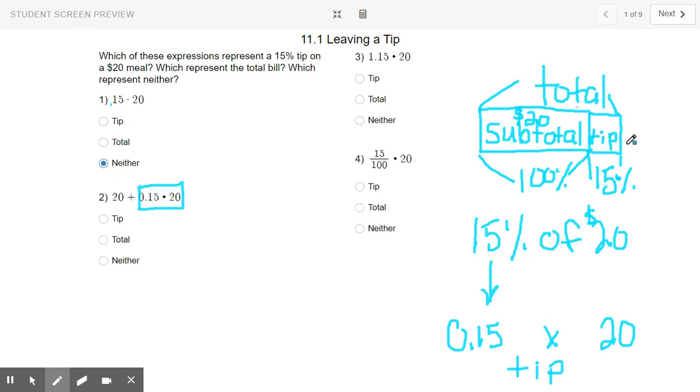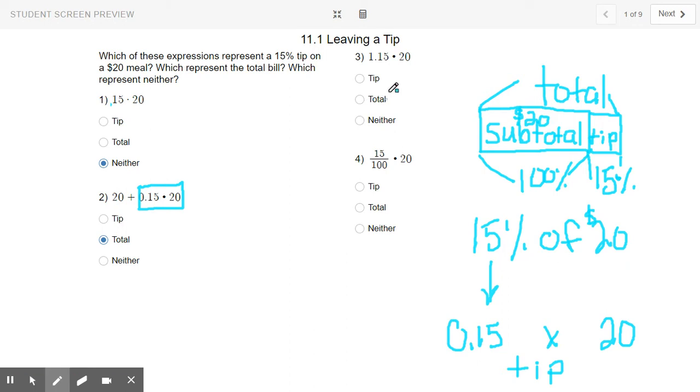Well, when I look at my bar model, if I know that this tip amount is this, and I know that the meal subtotal was $20, then my total cost is going to be the $20 plus whatever the tip was. And in this case, it was 0.15 times 20. So this actually represents my whole total meal. So I'm going to hit total.